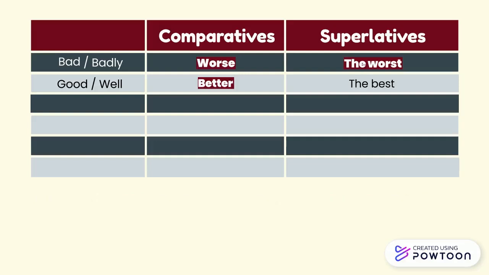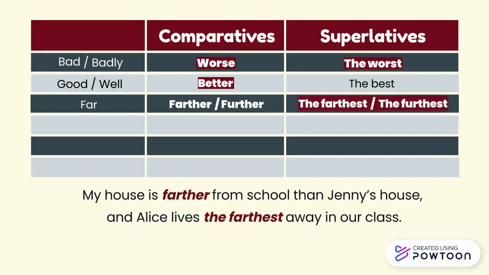Next up, let's look at the adjective far, which describes distance. The comparative form is farther or further, and the superlative form is the farthest or the furthest. For example, my house is farther from school than Jenny's house, and Alice lives the farthest away in our class.